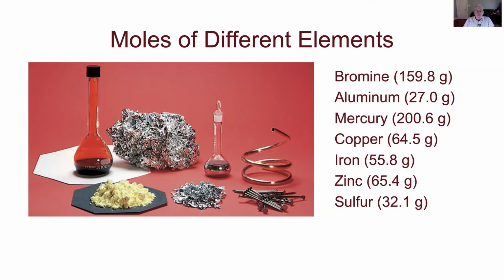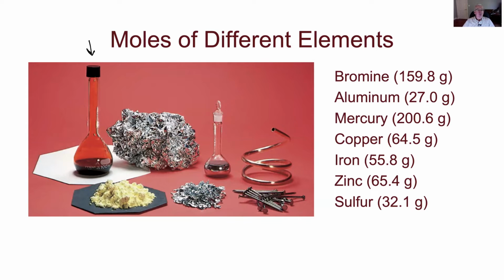You can see, if you look at those samples, the way they're listed on the right: bromine, aluminum, mercury. Starting with bromine is the one in the tall flask there, which is a reddish orangish vapor up above a liquid of the same color, and then they go clockwise from there.